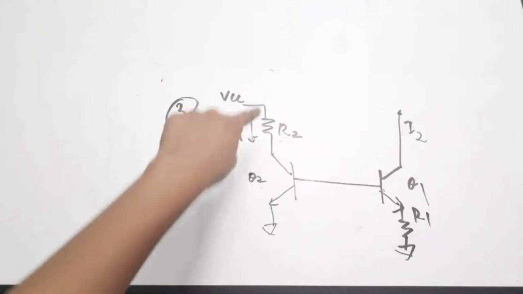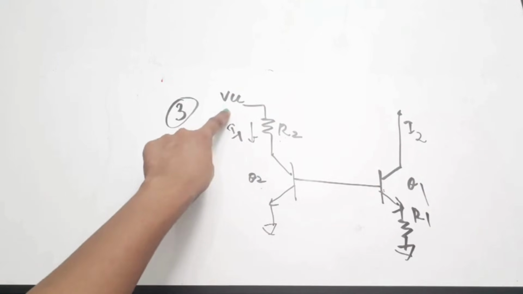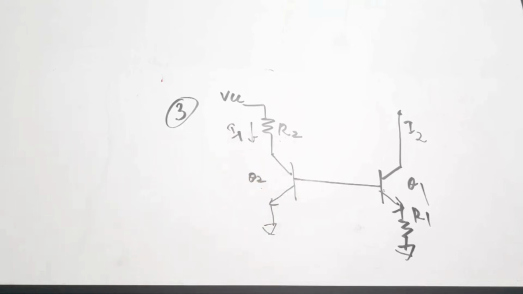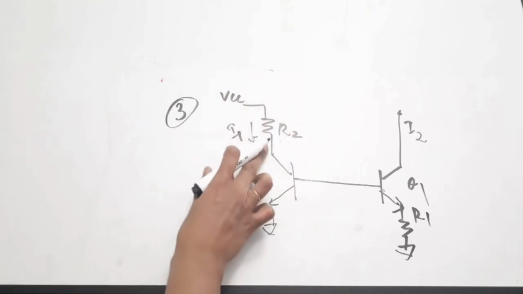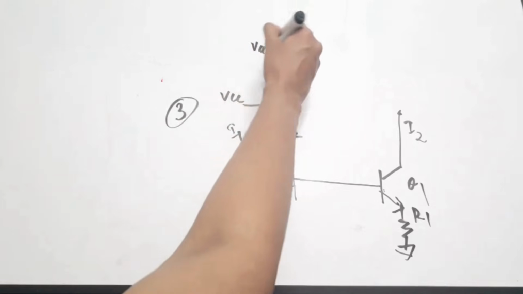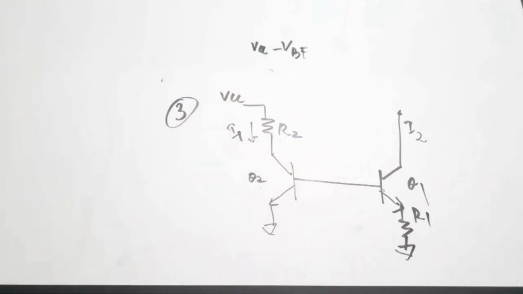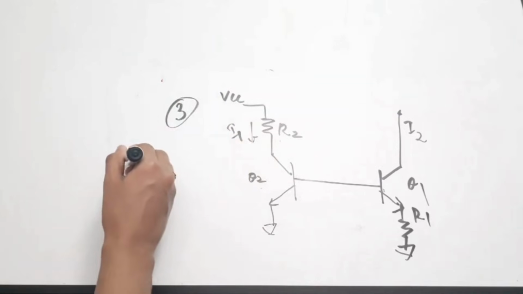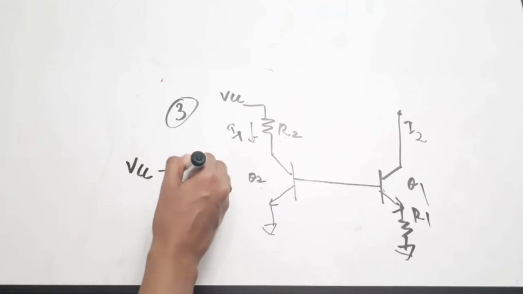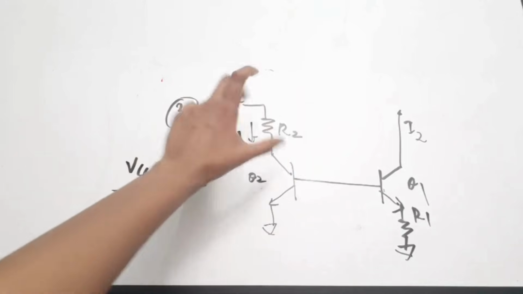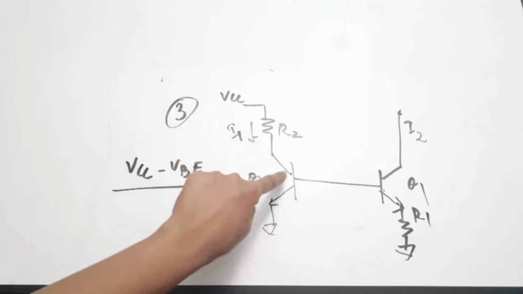Now, R2 is connected to VCC at one end, and the other end is connected to the base. So the voltage drop across R2 will be VCC minus VB, since one end is connected to VCC and one end to the VB portion.